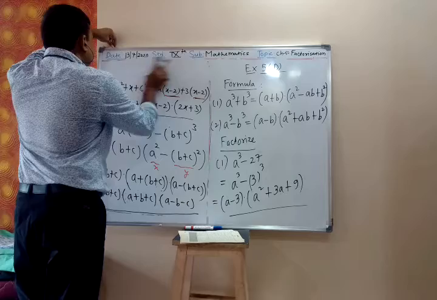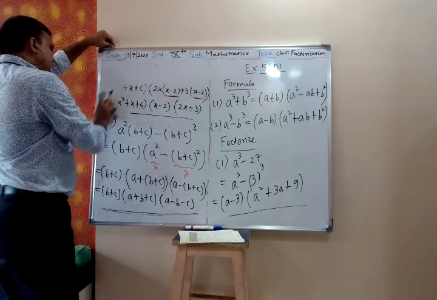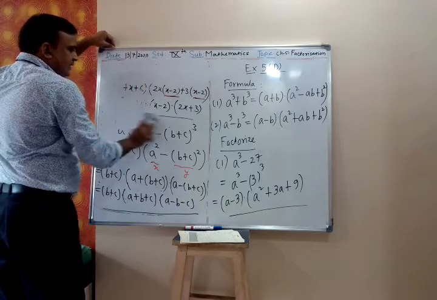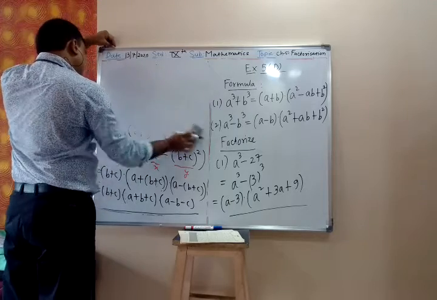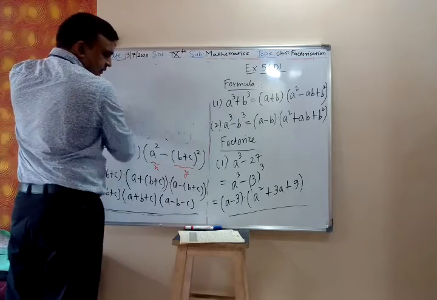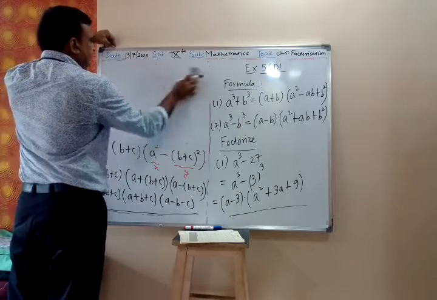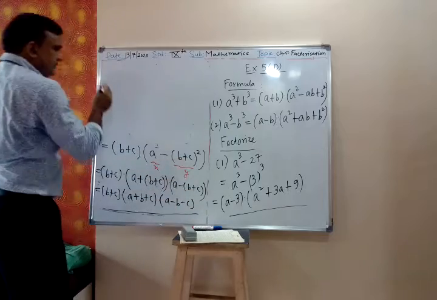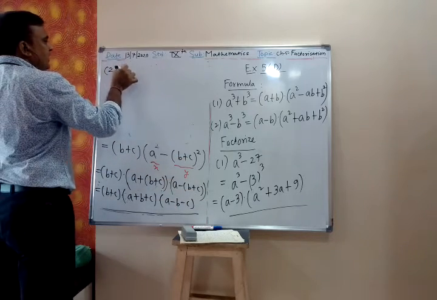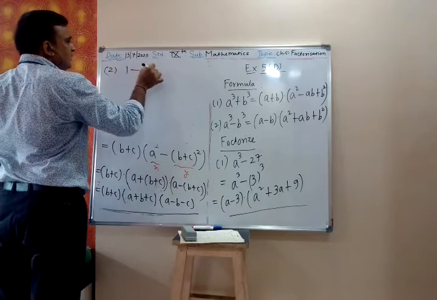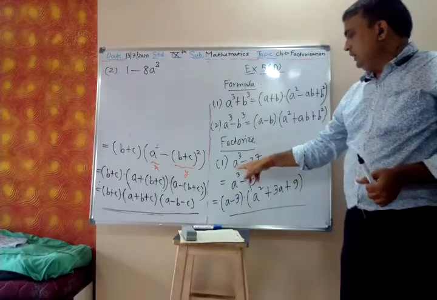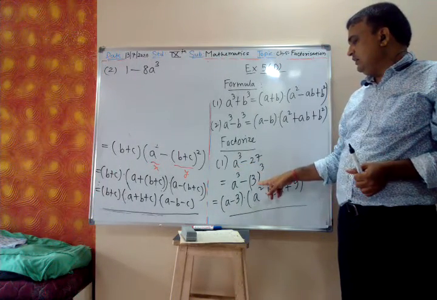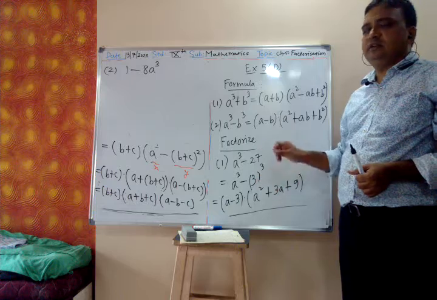In this 5D, I should solve only one problem. Wait, let me explain. a cube minus 27, I can write 3 cube, 3 into 3 into 3.